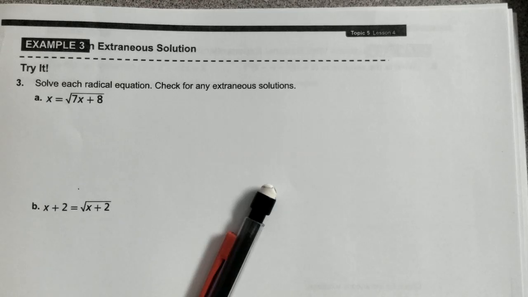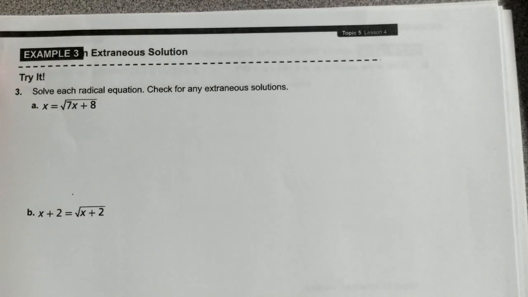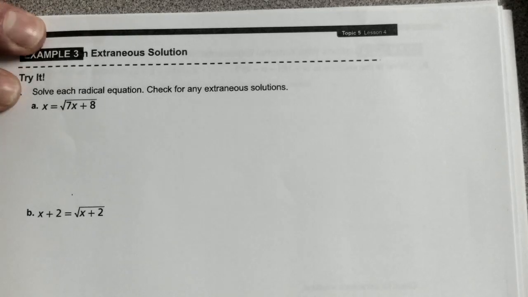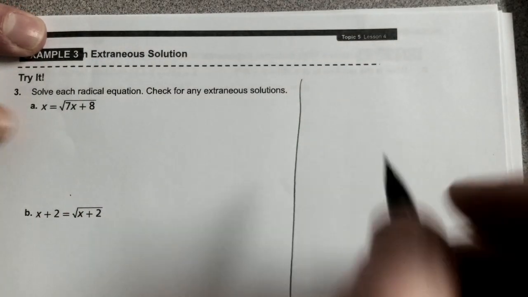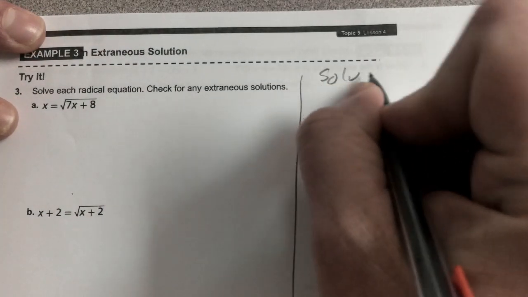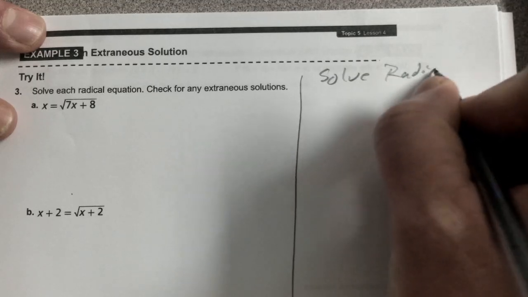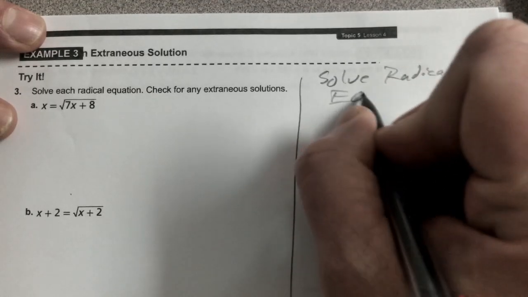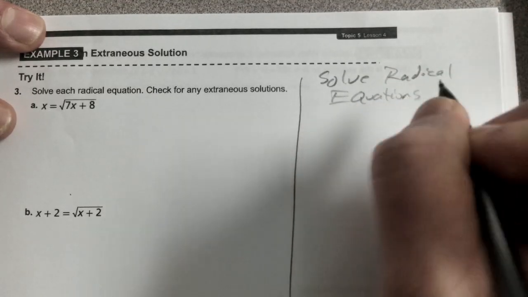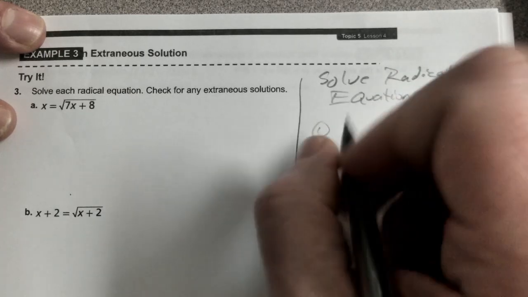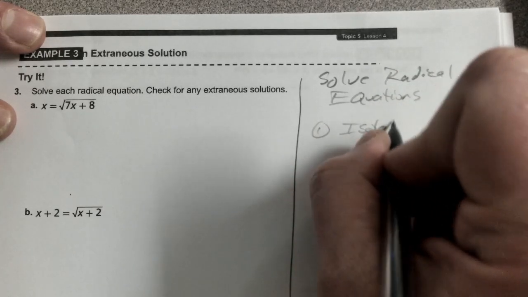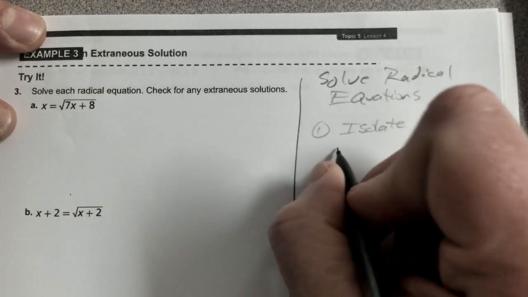We're going to finish up the 5-4 notes. So, we are solving radical equations. As a reminder, to solve radical equations, first things first, we want to isolate the radical.